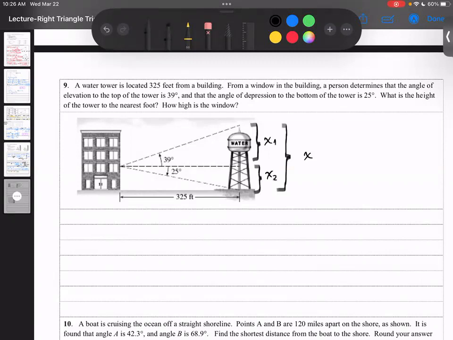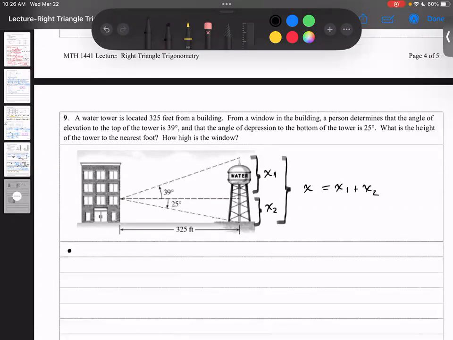Add them up, I get x. If this is 325 feet, then this is also 325 feet, right? This is one leg, x1 is another leg. If you have to calculate one of the legs and you already know the other, then your best bet would be tangent.